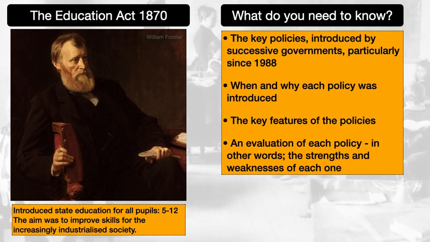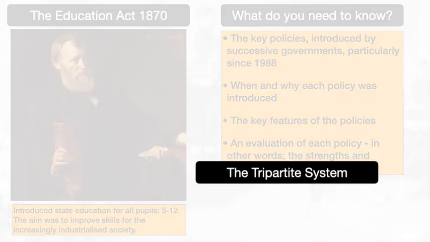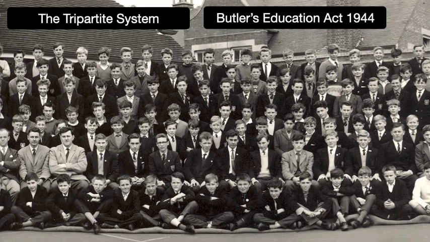And we're going to fast forward in time a little bit and start with the tripartite system, which actually moves us forward in time to the Butler Education Act of 1944. And again, had you been around at the time, your school photograph may have looked something like this.